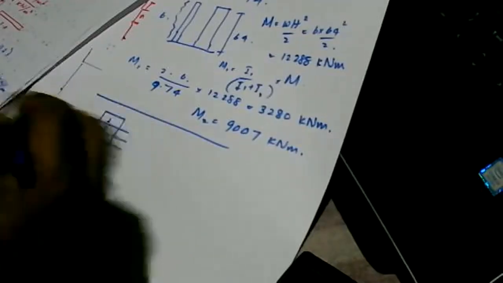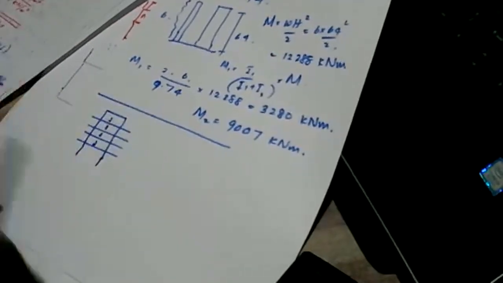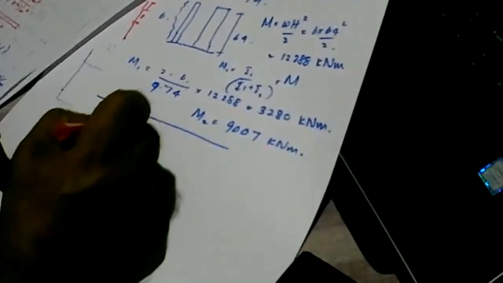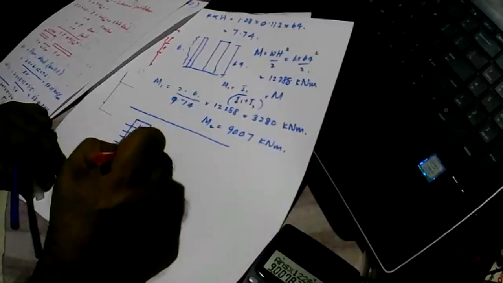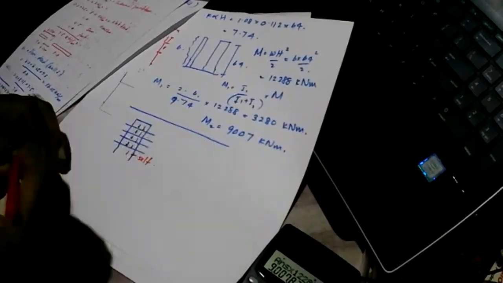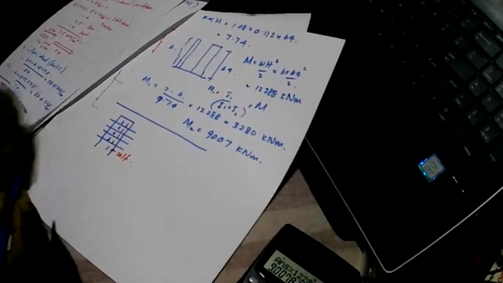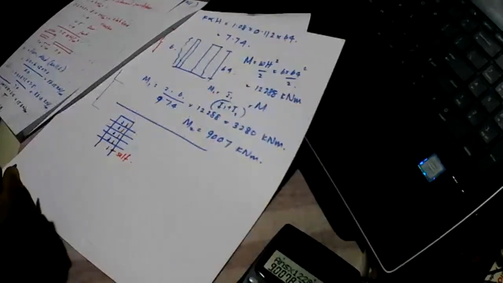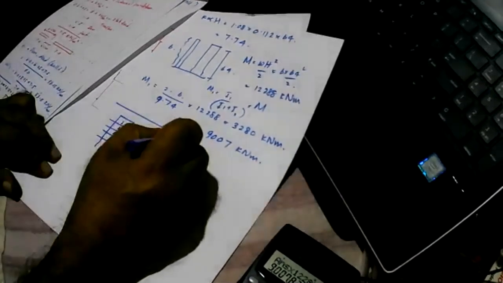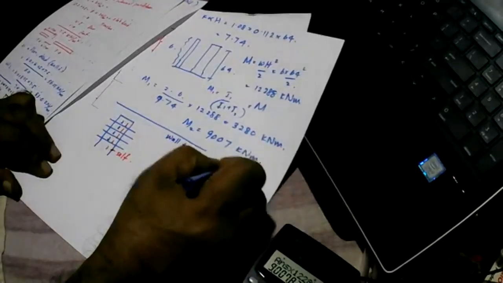Then in addition to that, we get the self weight of the wall. We have already calculated the dead and live loads for wall 1 and wall 2.